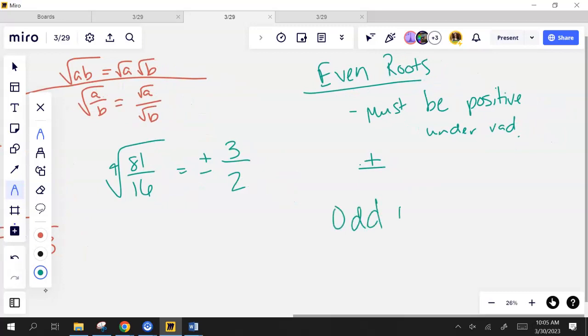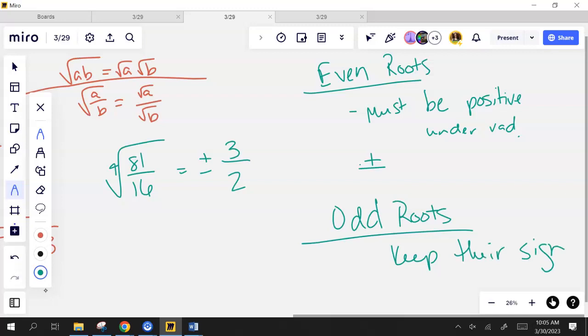Odd roots don't get a plus or minus because they can't be either one. They just keep their sign. The radical. I give you a second now.